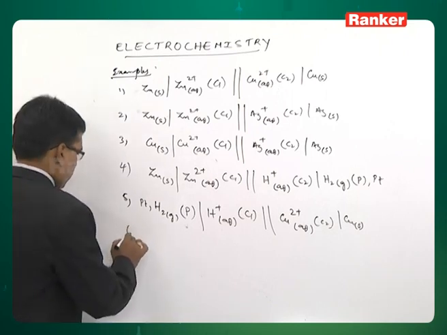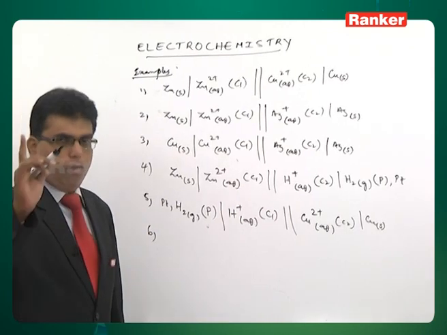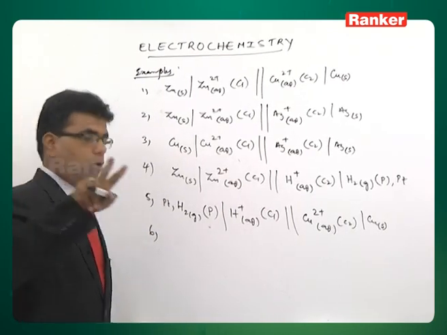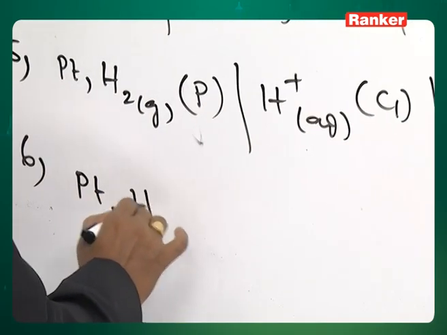And if you use a hydrogen gas electrode on one side, chlorine gas electrode on the other side, both non-metals, then the representation is like this.